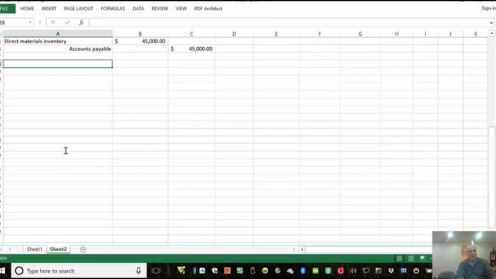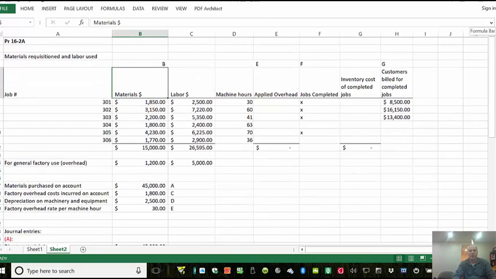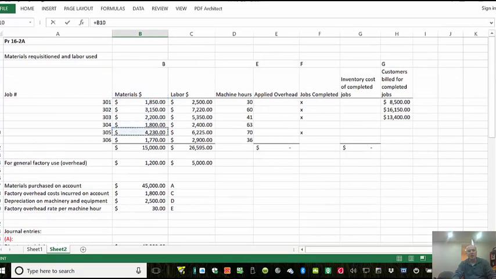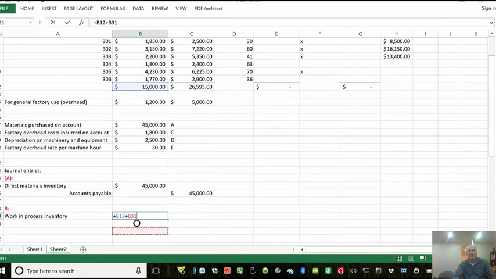So for part B, we need to record work in process inventory and apply direct labor and materials for the individual jobs first, which we know. So materials is 15,000 and labor is 26,595. So we need to record that. We're going to add that up, 15,000 plus 26,595.